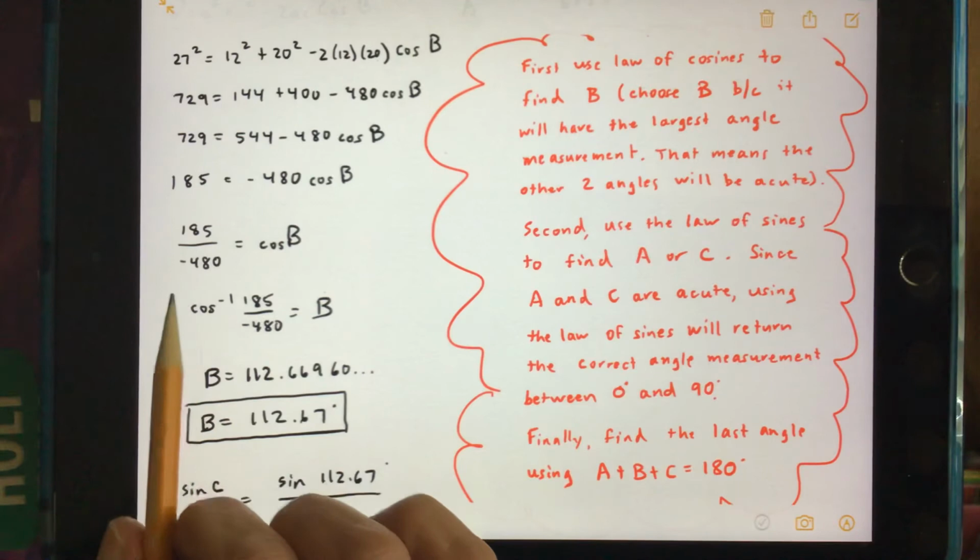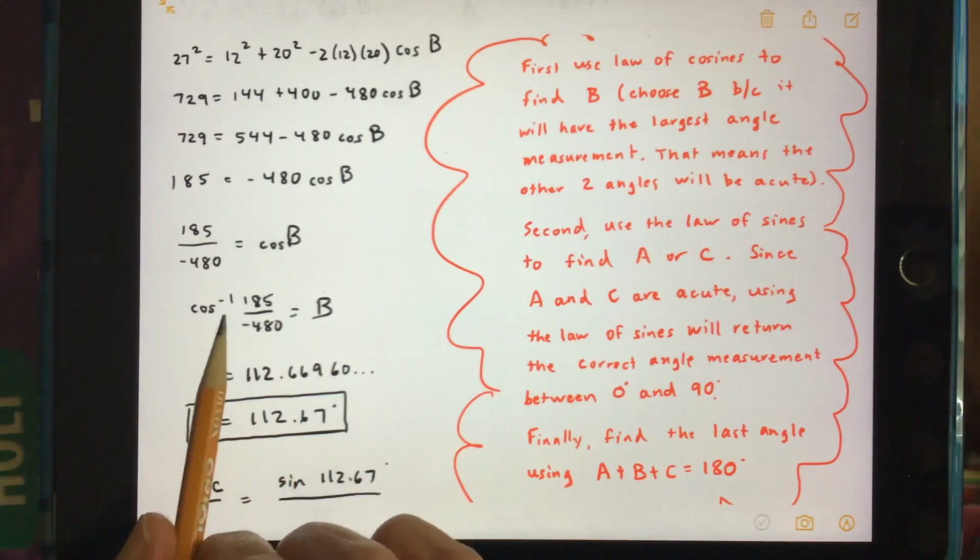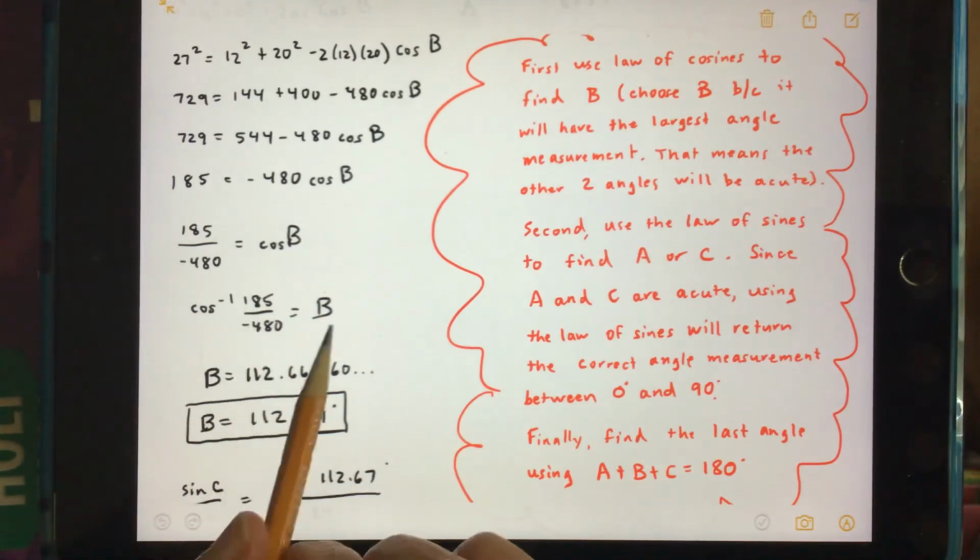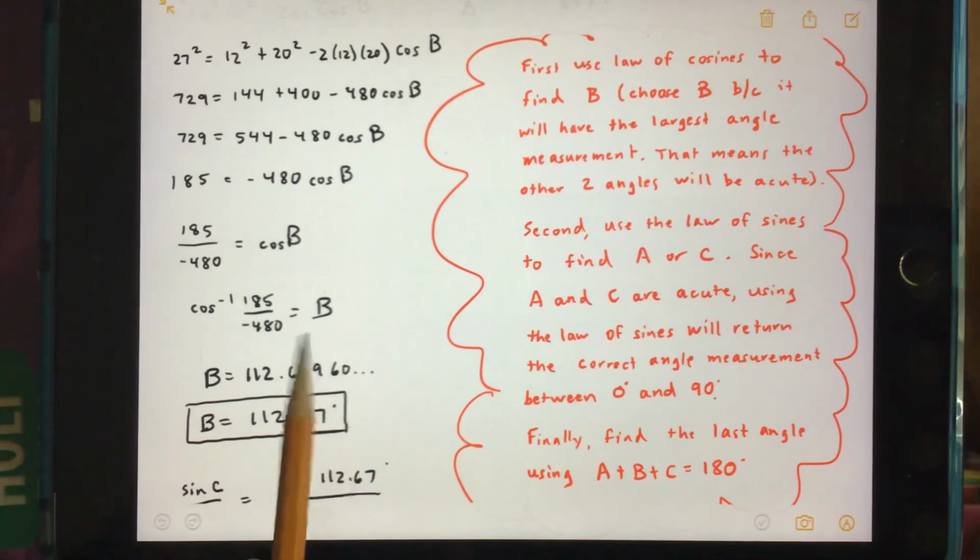Now I'm going to do the inverse function to find my B, so cosine inverse of 185 over negative 480 equals B. And putting that into my calculator, angle B then will be 112.6960, and so on. So angle B would be 112.67 degrees.